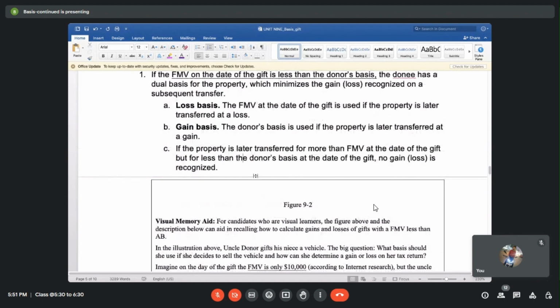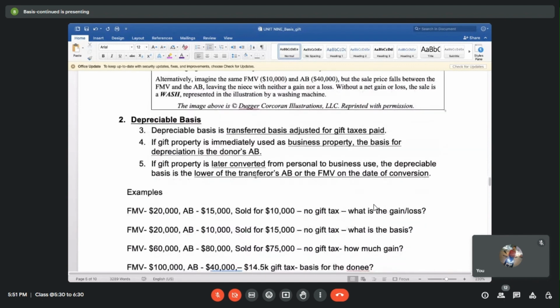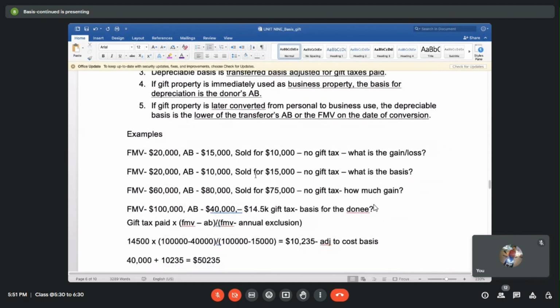Now, if you want to get into why it is like this, we'll have that discussion later. But that's how we first have to see whether FMV is higher or lower than the basis. If FMV is lower than the basis, the rules are different. So what is the gain here, Garima? 5K. Is that a gain or a loss? It's a gain. How?